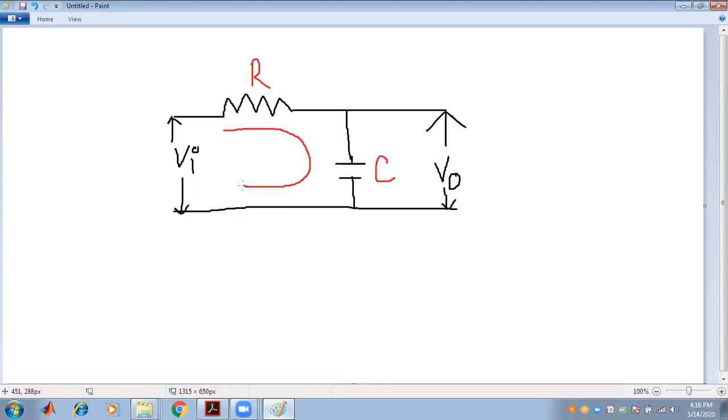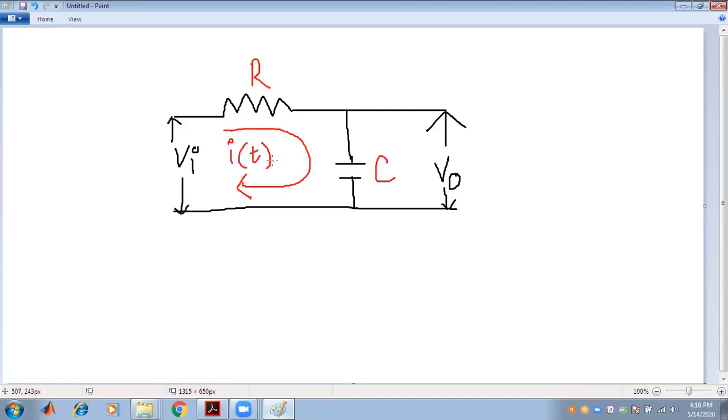It will allow a current to flow through that circuit, known as i(t). So our main objective is to find the transfer function of that particular electric circuit. It is clearly seen that transfer function is the ratio between the output to the input in Laplace domain, keeping all the initial conditions equal to 0.